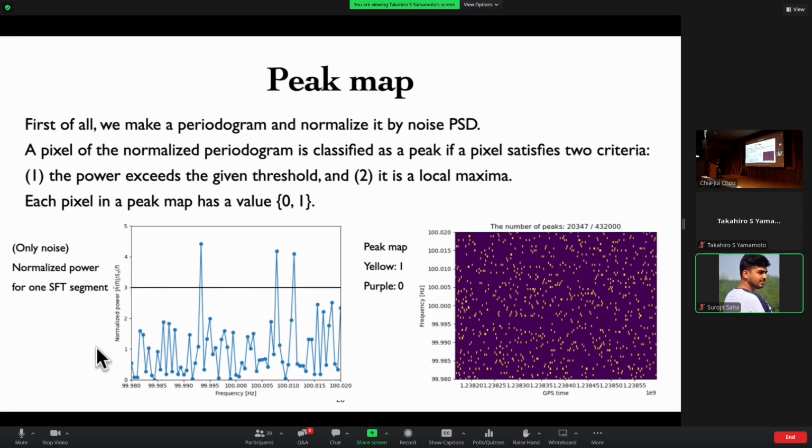We pick up the local maxima with values exceeding this threshold as peaks, and we see many peaks in this time frequency plot. So this is the starting point.